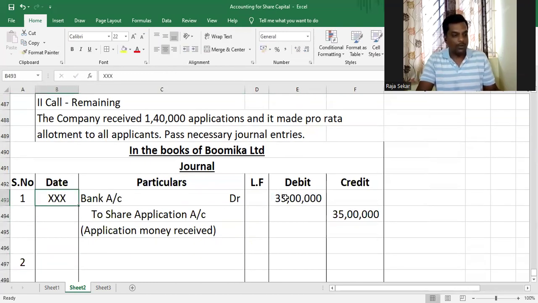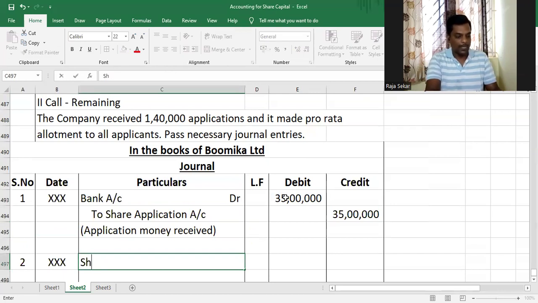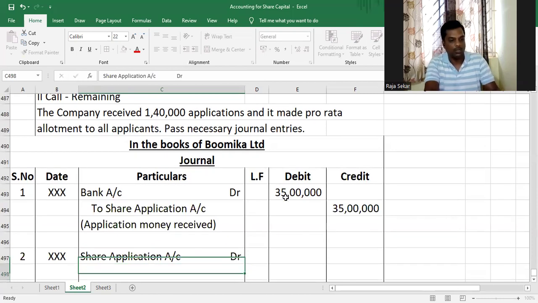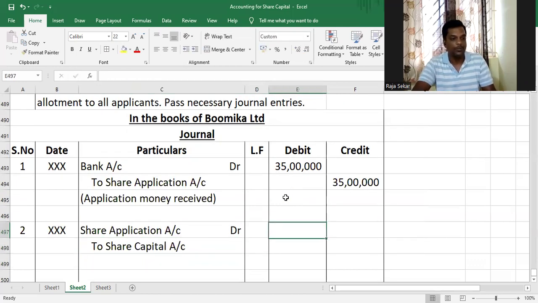And in all pro rata allotment problems, the second journal entry is the most important entry, where we transfer the application money to share capital account and to share allotment account, and further calls if it is necessary or if it is possible in a particular question. The first thing, of course, would be to transfer to share capital account.